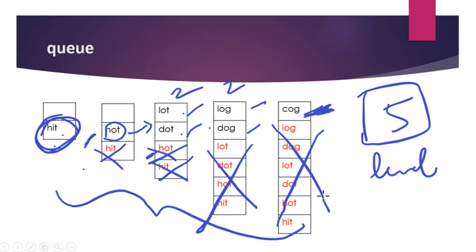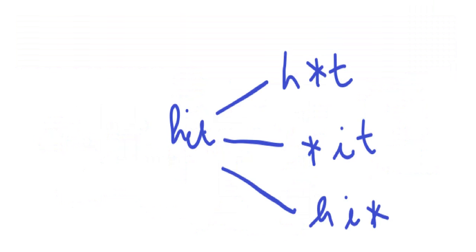So let's see how the neighbors method is going to work. In our code we are going to have a helper method called neighbors to calculate a list of strings that are neighboring to that particular string. For example, here hit is our begin string.